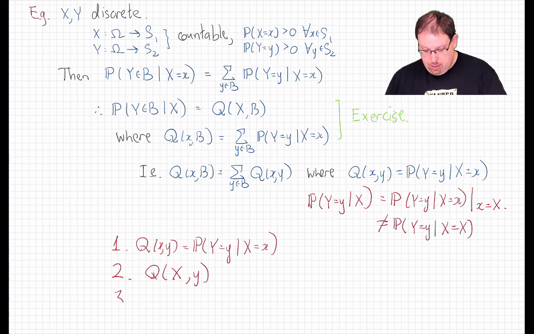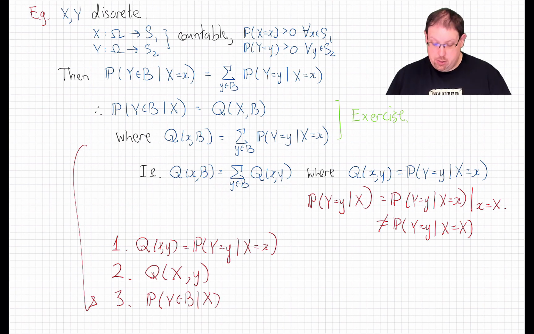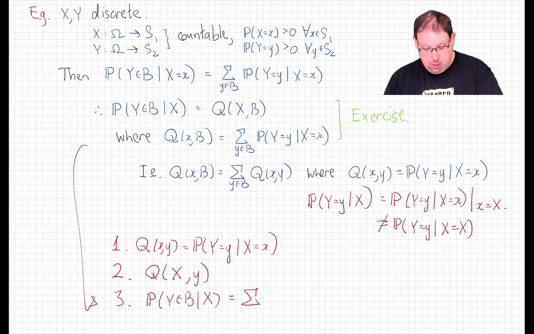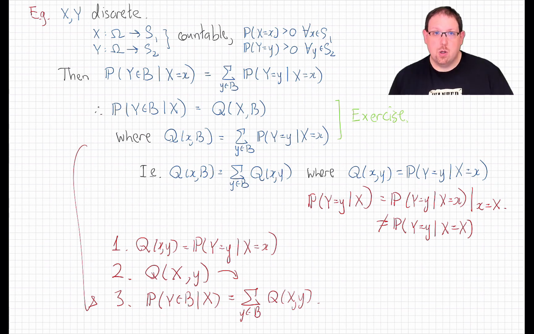And third, the result here is that the conditional probability that Y is in a set B given X, which is a function of X, can be computed just by summing up these over all y's in the set B. We'll continue our discussions of regular conditional distributions and probability kernels next time as we ramp up towards the definition of Markov processes.